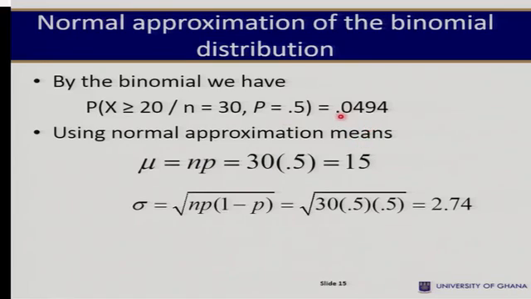When you use the formula as we've illustrated earlier in binomial distribution, you will get the answer 0.0494, right? But if we want to solve this problem using the normal, then we need to find the mean, which is NP, and it must be 30 times 0.5. So the mu now is 15, and our standard deviation using the formula gives us 2.74.